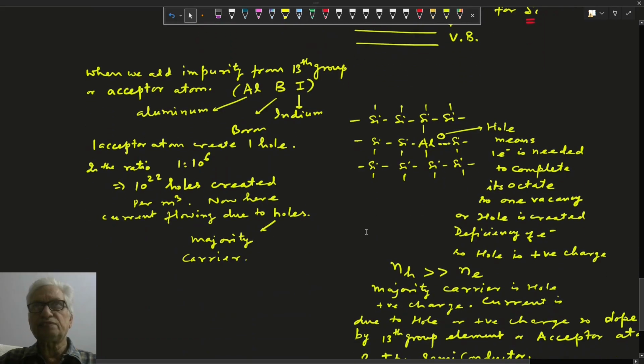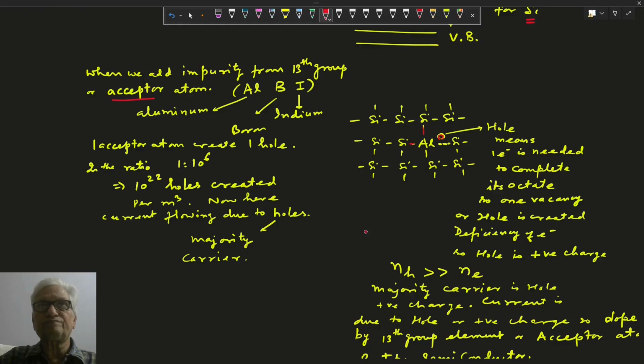Now suppose we add an impurity from the 13th group, called an acceptor atom: aluminum, boron or indium. One acceptor atom creates one hole, because it is a trivalent impurity atom with 3 electrons available. So here 3 electrons are consumed to make the covalent bond, but 1 more electron is needed, so it creates a cavity, a hole.